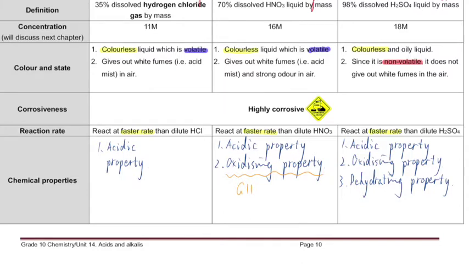Make sure you jot it down. Only concentrated sulfuric acid can do it. So the dilute one won't have the dehydrating property. So here I've attached a video. I will attach a link online so you can watch the video.